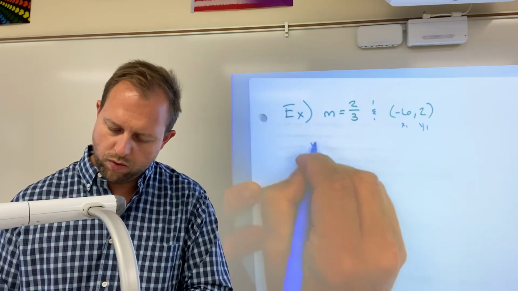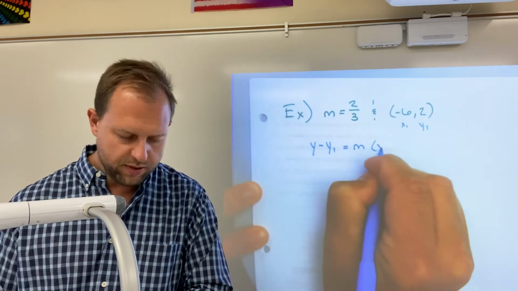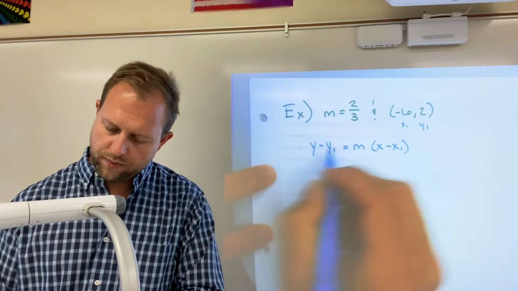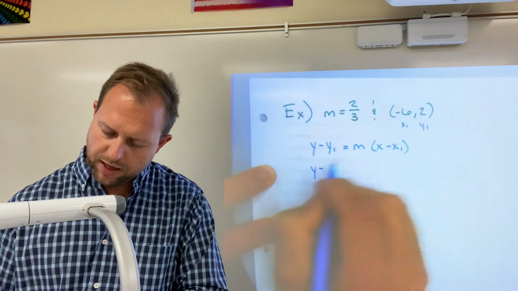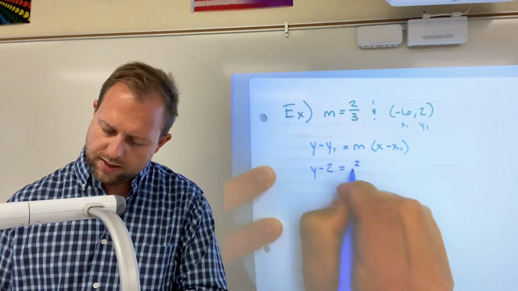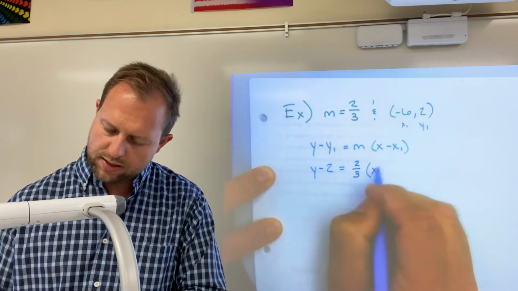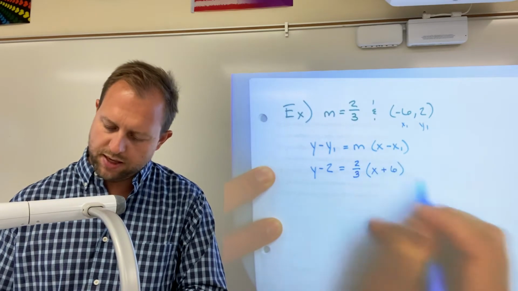Our equation, y minus y1 equals m times x minus x1. We get y minus the +2 equals, in this case it's a fraction of a slope, 2/3 times x minus a -6, which becomes x plus 6.